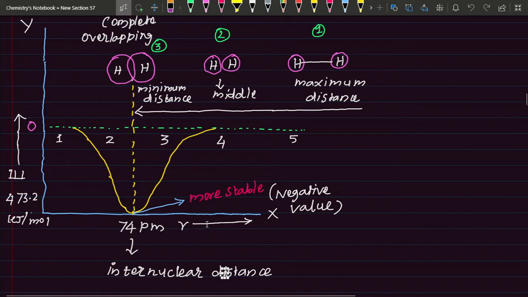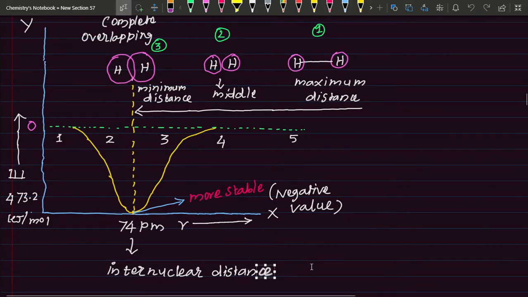This is called the internuclear distance because it is going to a negative value. So this H2 molecule is more stable because it is going to a negative value. Negative value means very less energy. Please keep it in mind.